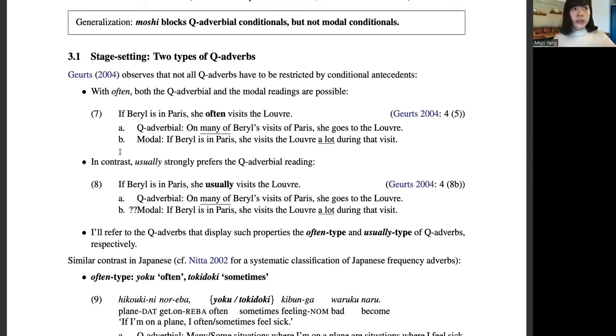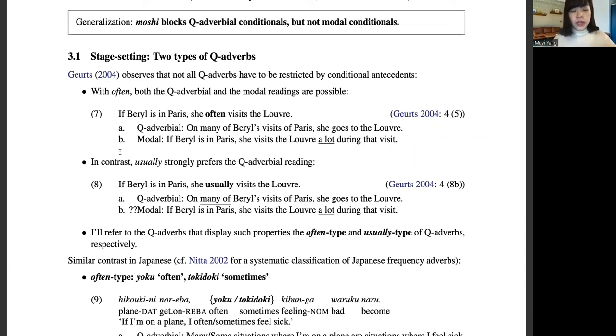In contrast, Hertz observes that the adverb usually strongly prefers the Q adverbial reading. So if you look at number 8, if Farrell is in Paris, she usually visits the Louvre. The reported intuition is that the Q adverbial reading is fine. So usually can still quantify over the cases, the situations of Farrell being in Paris.